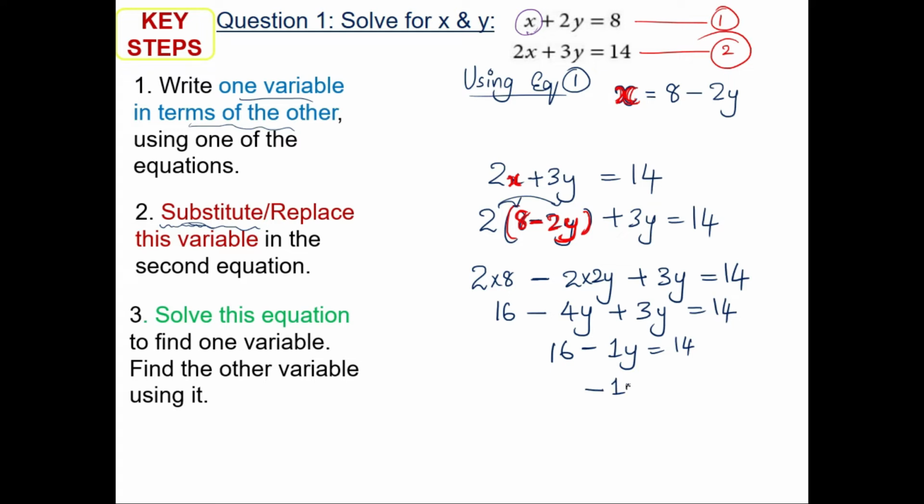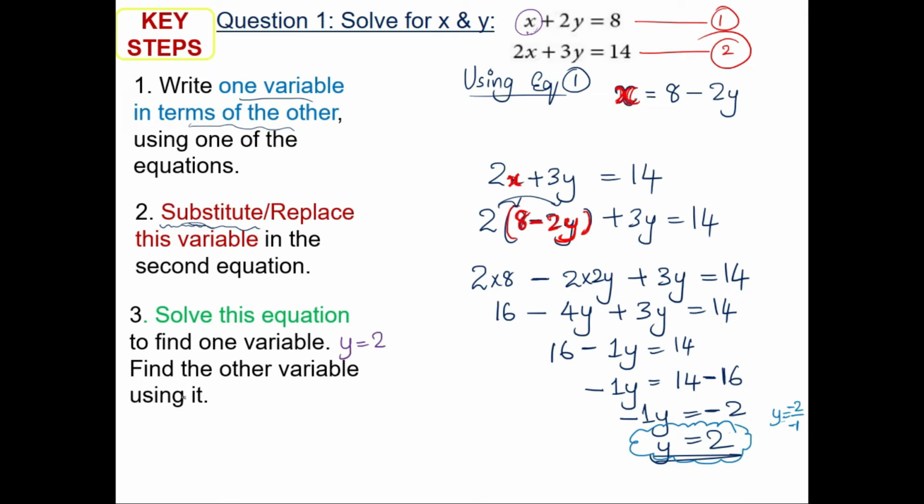Now keeping the variable here and moving the constant to the other side. So plus 16, on the other side it becomes minus 16. And it gives me a value as negative 1y is equal to negative 2. I can write y is equal to 2. I hope you have no doubts here, because you can write y equals negative 2 over negative 1, which is 2. Now we have solved this equation and we have found the value for y as equal to 2.